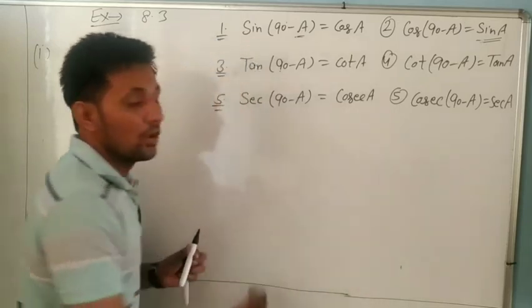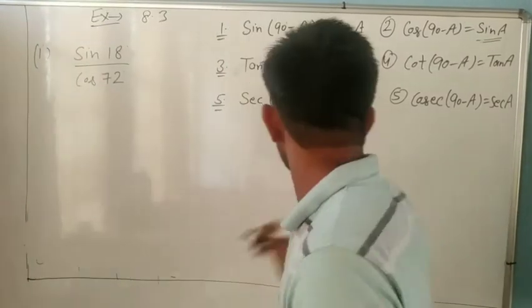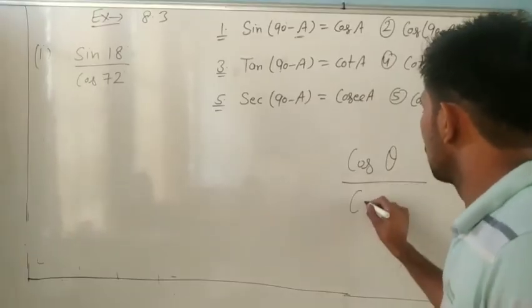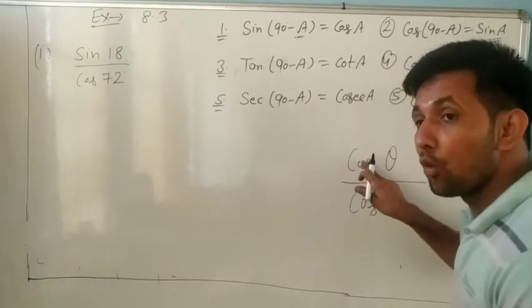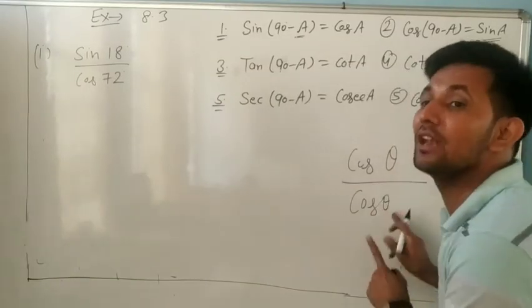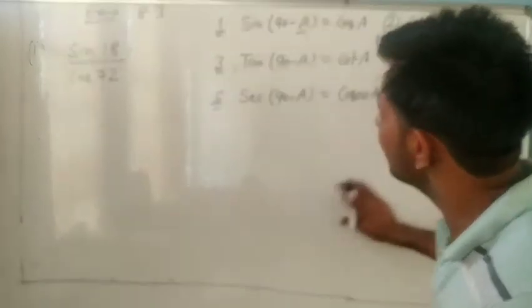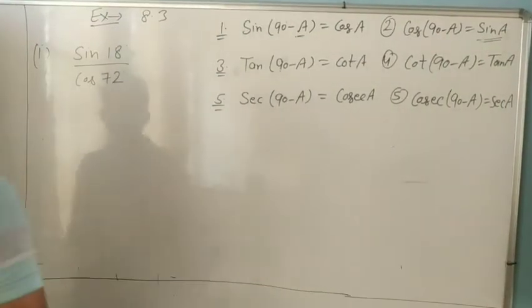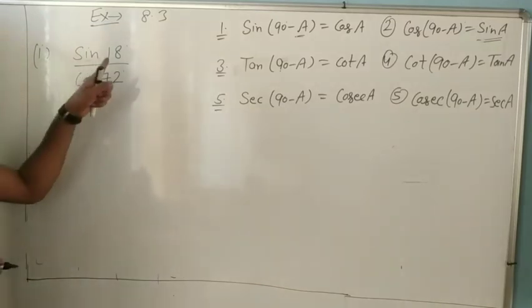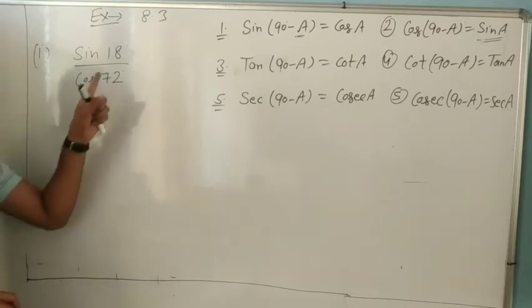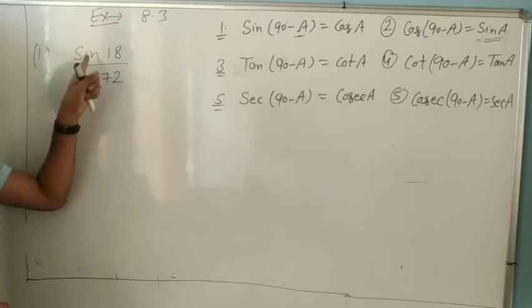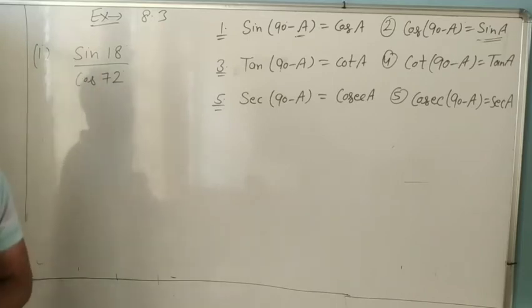Always dear, we can cut only in one case: here also cos theta, here also cos theta. Both are cos, and both angles are also the same. Then we can cut. Okay, dear. So look here. We observe that one is sin, one is cos, one is 18, one is 72. So either we will change into sin or we will change into cos.